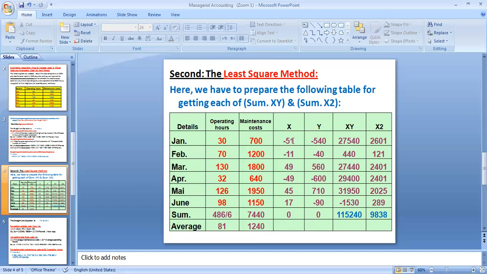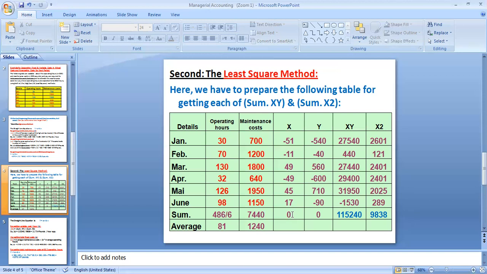Negative 51 plus negative 11 gives negative 62, plus negative 49 gives negative 111. Now, 17 plus 45 gives 62, 62 plus 49 gives 111. So 111 positive and 111 negative give a total algebraic total of 0. If it is 0, you are okay.